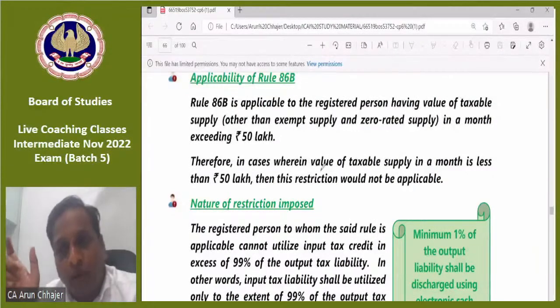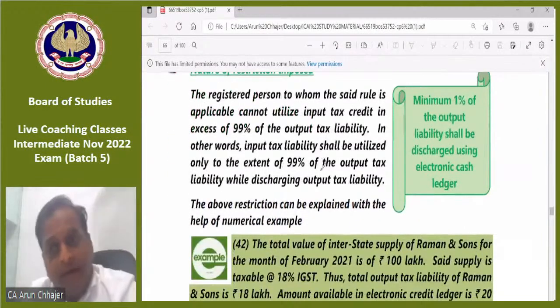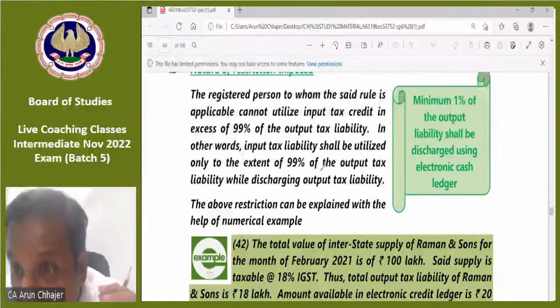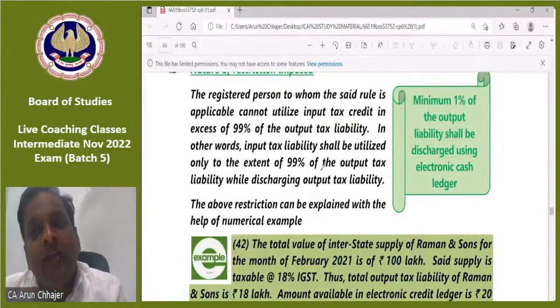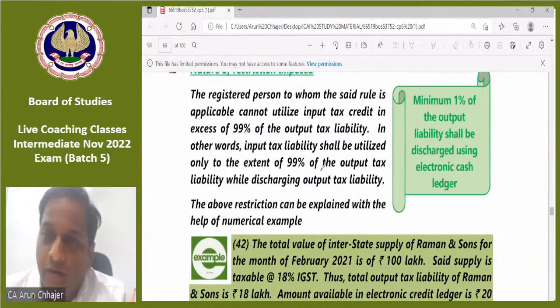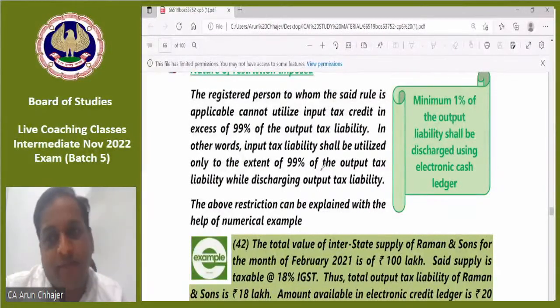That amount you have to pay in cash. But there are certain relaxations: if you are covered by any of these provisions, you are relaxed from paying the 1%.